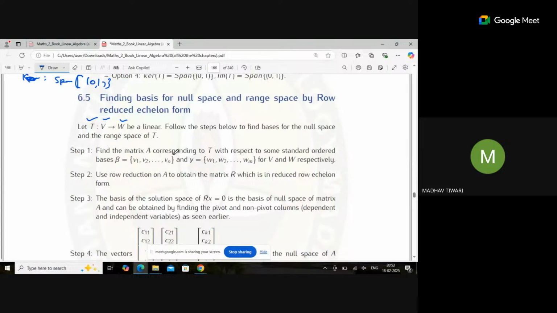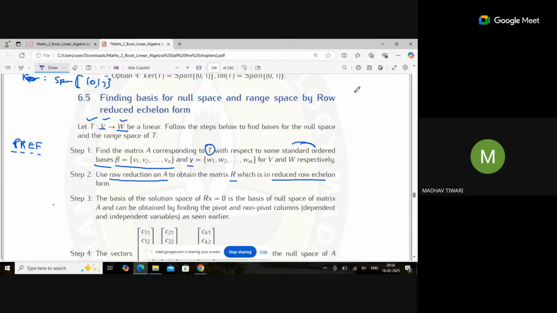First, find the matrix A corresponding to T with respect to some standard ordered bases, beta given for V and gamma given for W. Then use the row reduction method on A to obtain a matrix R in reduced row echelon form, RREF. Then we have to find a basis for this solution.